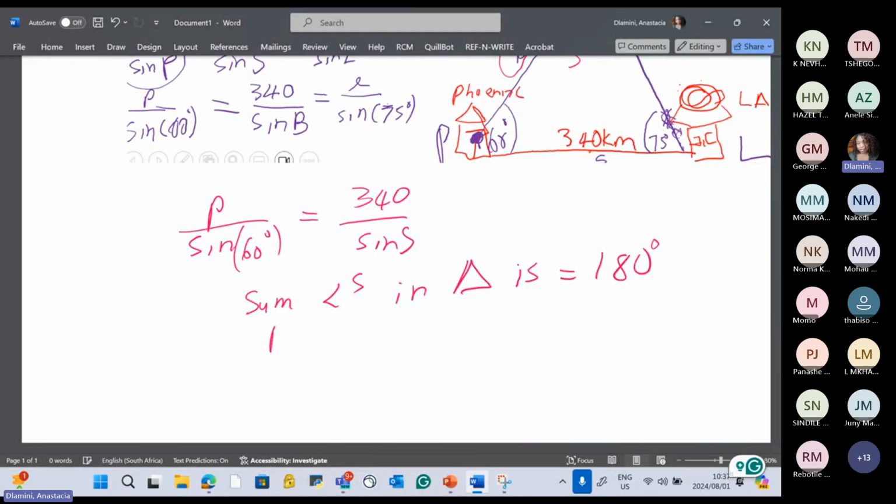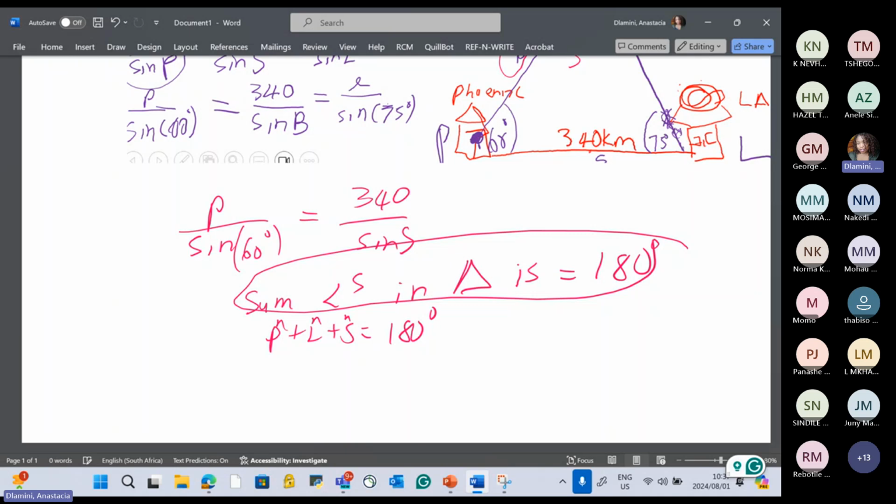Lucky for us, angle P plus angle L plus angle S is equal to 180 degrees. The reasoning is because the sum of angles in a triangle is equal to 180 degrees. Whether it's a right angle triangle or an oblique triangle, as long as it's a triangle, the sum of its angles is 180 degrees. So we know we have a 60 here.